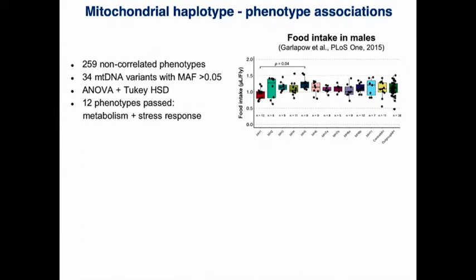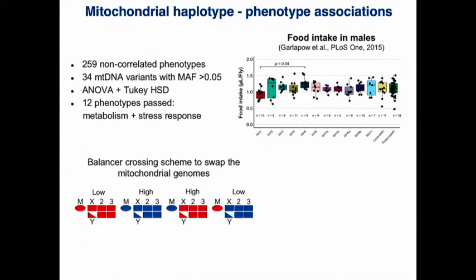So we addressed this in several ways, but I'm just going to show you data from one large experiment. This is where Rule devised a balancer crossing scheme to swap the mitochondrial genome. The idea here is to do several back crossings in order to arrive at a mito-nuclear genome combination that is shown here, in which, for example, you only take the MH5, so mitochondrial haplotype 5, together with the nuclear genome of mitohaplotype 1.